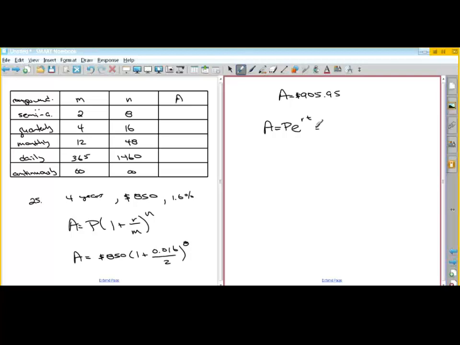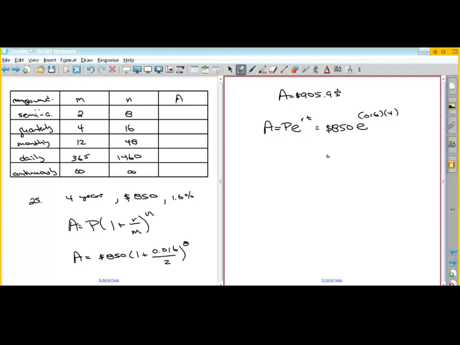There, the present value is P times e to the rt. So our principal is 850. We take e raised to the r, which is 0.016, that's your yearly rate, times the number of years, which is 4. And this should be greater than that.